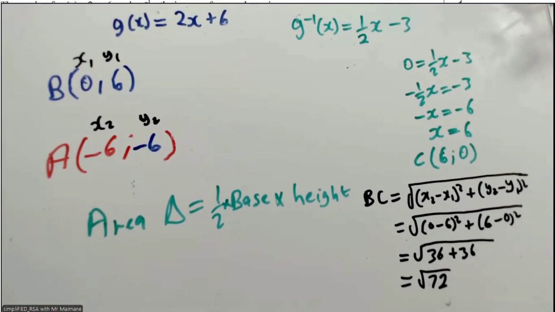And the square root of 72, if I simplify this further on a calculator, I'll find that this is 6 root 2, but that's not the point.